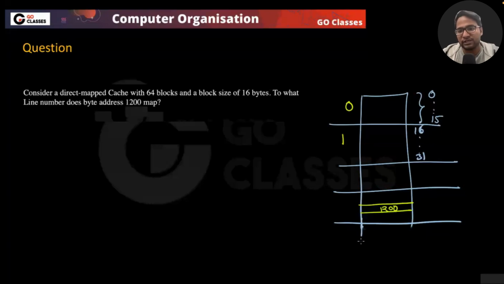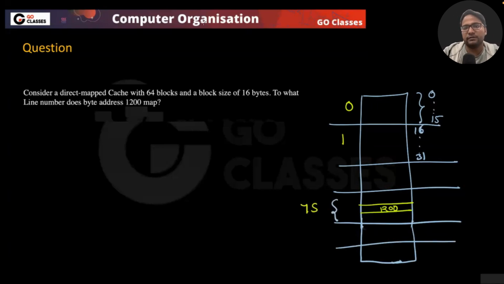So these are the different blocks, and this must be block number 75. Very easy. 1200 divided by the block size, which is 16, gives 75 point something, but it doesn't matter because we are taking the floor. This is the block number.